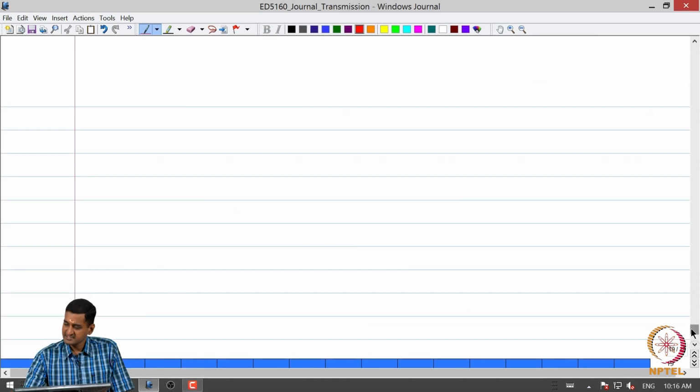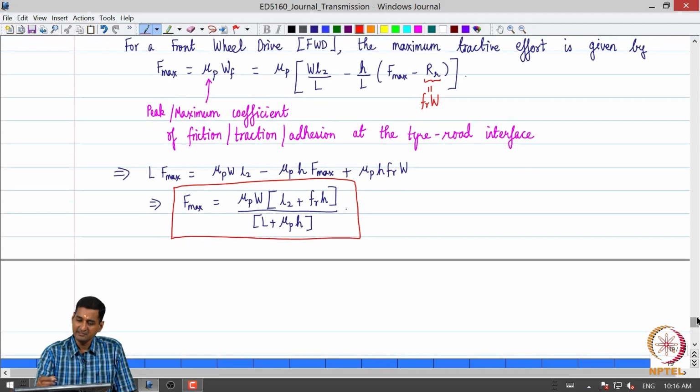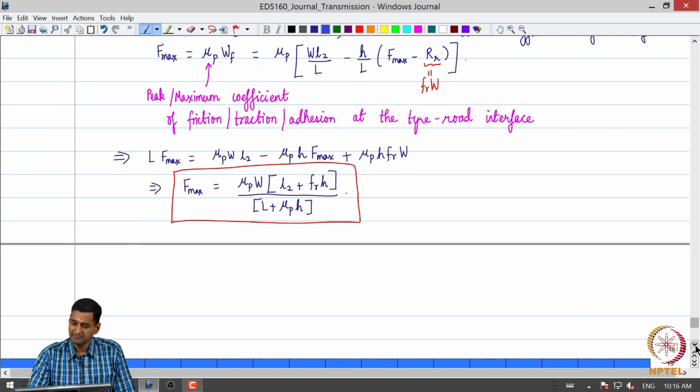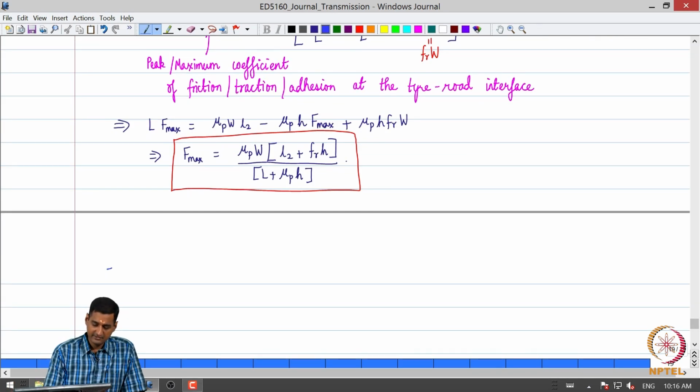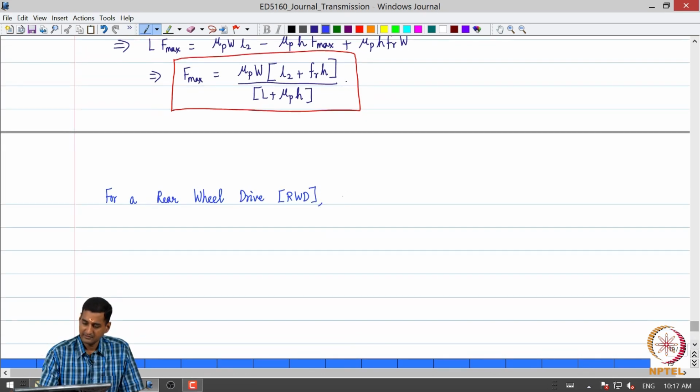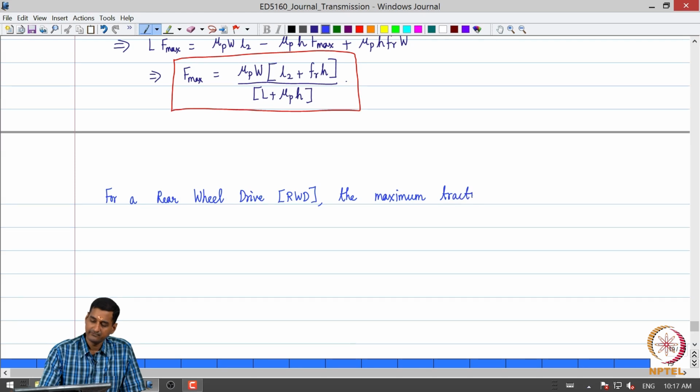Let us do a similar exercise for a rear wheel drive, and then we will compare them. Similarly, for a rear wheel drive, which we abbreviate as RWD, the maximum tractive effort is given by the following.